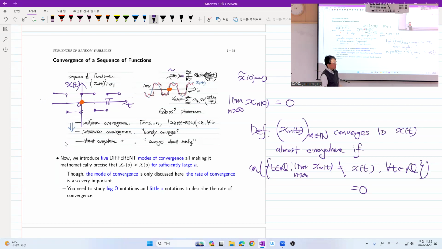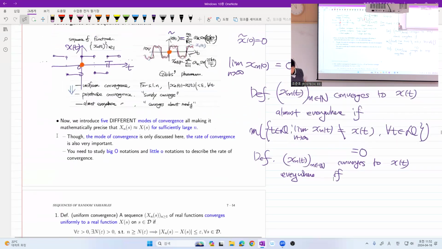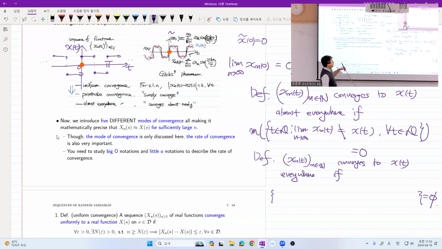Am I right? And then this motivates a much stronger definition. We may say that this converges to x of t everywhere if this set is the empty set, right? See that? This is the set where the limit of the functions is different pointwise from the function.